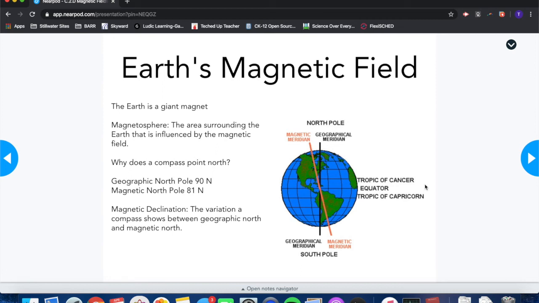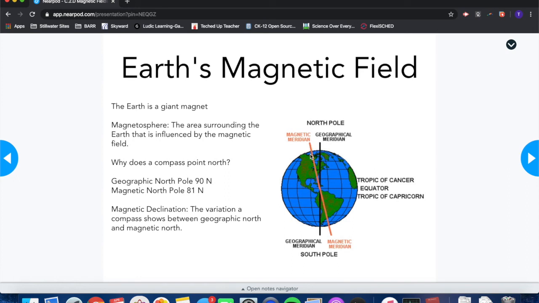Another thing to note is that the geographic North Pole is at the top center of the Earth, and the geographic South Pole is at the bottom center of the Earth. That's kind of nice for simplicity's sake. However, in reality, the magnetic North Pole is at about 81 degrees north, so it's not the tippy top of the Earth.